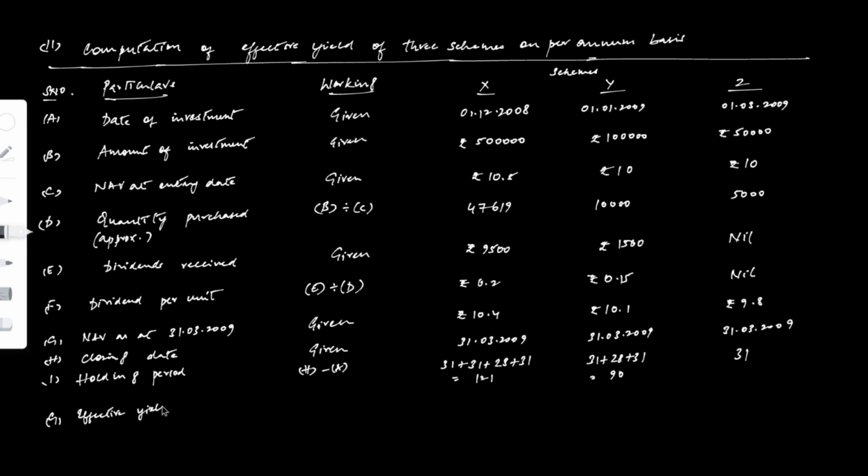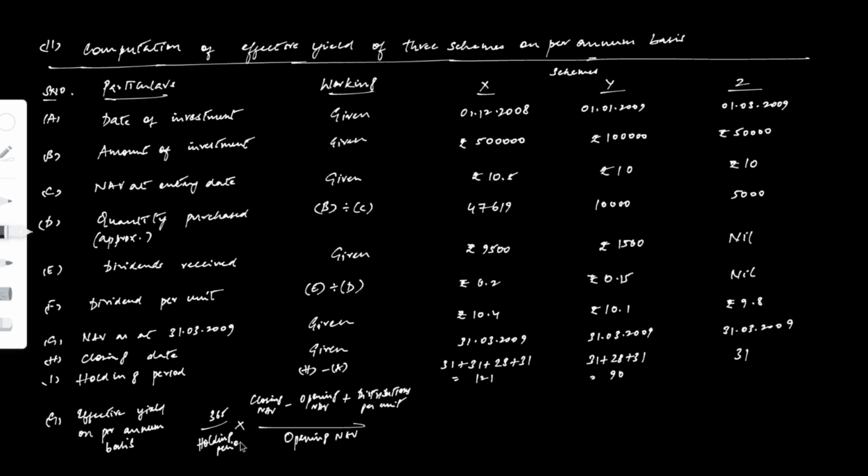It is closing NAV minus opening NAV plus distributions per unit, divided by opening NAV, into 365 by holding period. So this is the working.